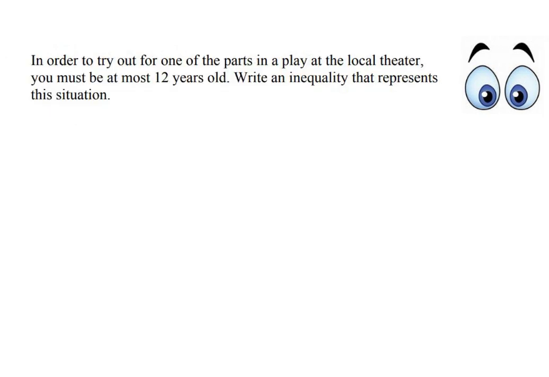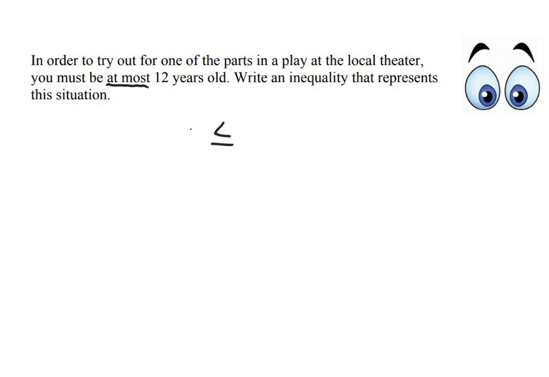In order to try out for one of the parts in a play at the local theater, you must be at most 12 years old. Write an inequality that represents this situation. So what we know is at most, and if we look back in our notes, it says at most is less than or equal to.